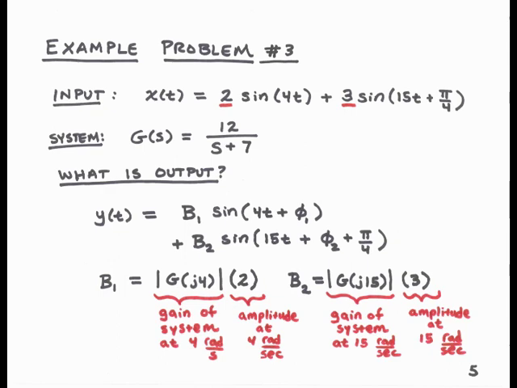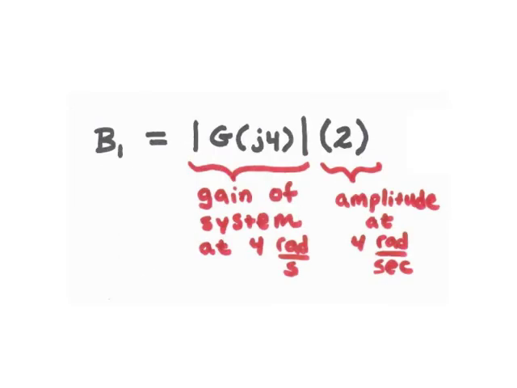Now we just need to determine what the amplitude for b1 and b2 are, as well as the phases phi1 and phi2. We can determine amplitude b1 simply by multiplying the amplitude of the input at 4 radians per second times the magnitude of the transfer function evaluated at this frequency.